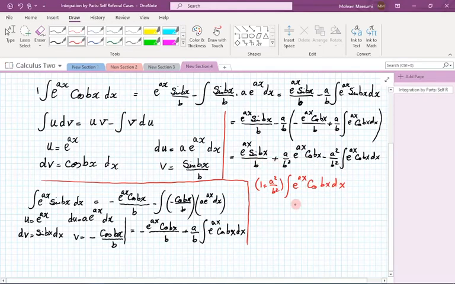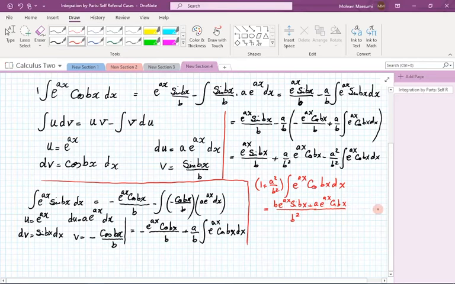On the right hand side, I go ahead and take the common denominator of these two. Common denominator, of course, is just b squared, and I'm going to have e^ax sine bx times b here, and then a e^ax cosine bx, and then there's going to be a constant.